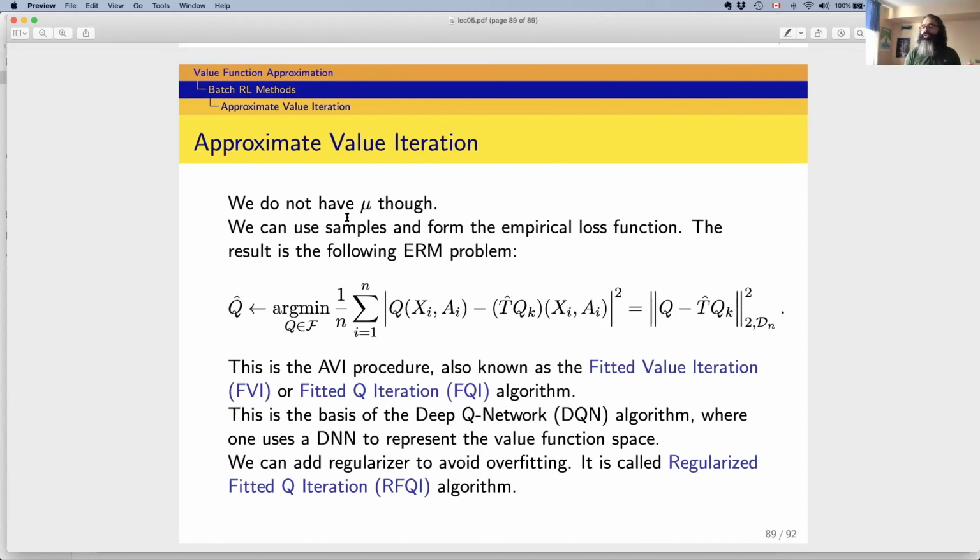Again, we don't have mu, so we use samples to replace it, and we get that Q hat would be the minimizer of this summation of Q of x_i, a_i minus T hat Q_k of x_i, a_i, which can be written in this more compact form too.